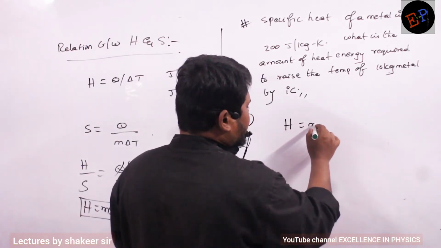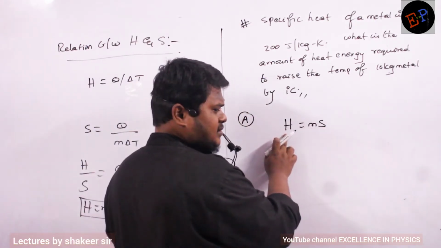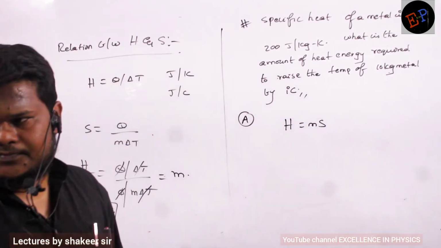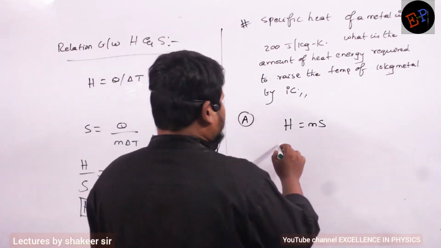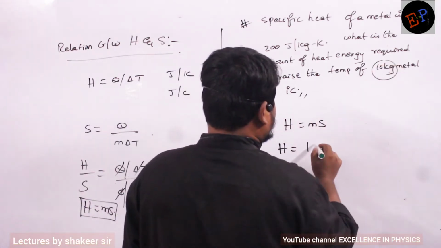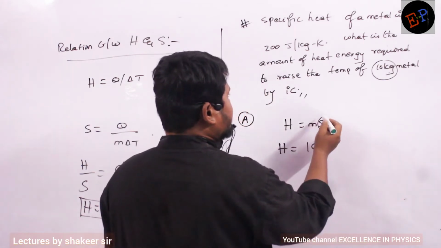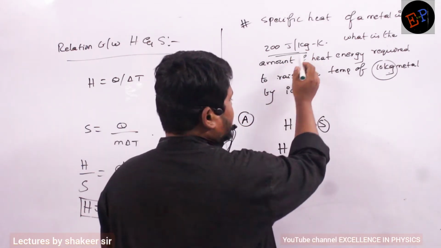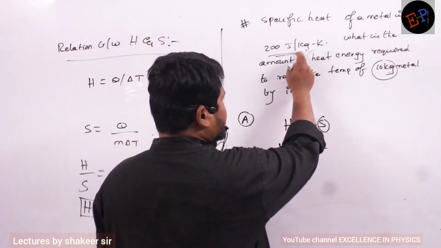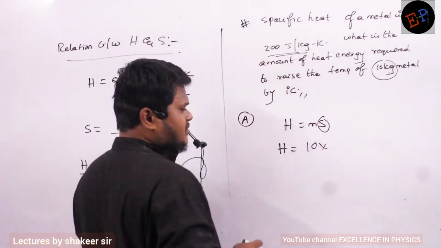H is equal to M into S, no? What is meant by H? Heat capacity. Heat capacity is nothing but the amount of heat energy which you have to supply. What is the mass of the body given? 10 kg. And for every 1 kg, specific heat is nothing but the amount of energy required to raise the temperature of 1 kg body by 1 degree Celsius.